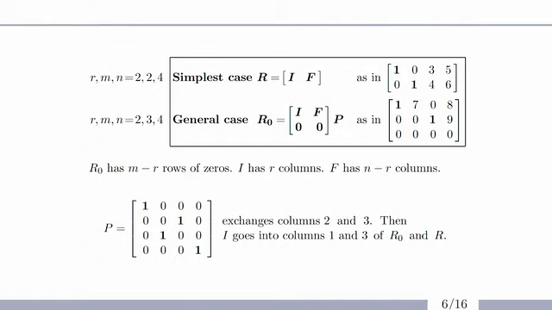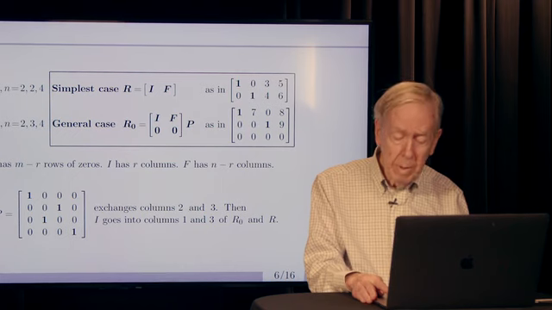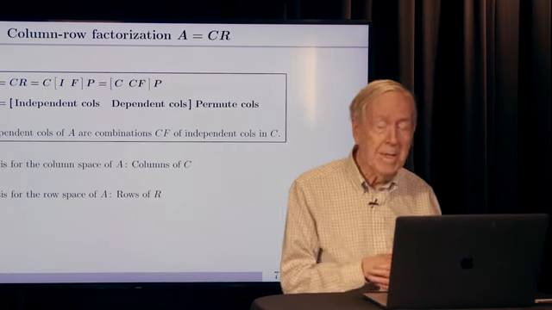Because P is on the right, it'll move columns. And there I wrote down what that P is. That exchanges column 2 and 3 and puts the identity in where we want it. Okay, so that's the linear algebra, the matrix notation part. Oh, and this is here.